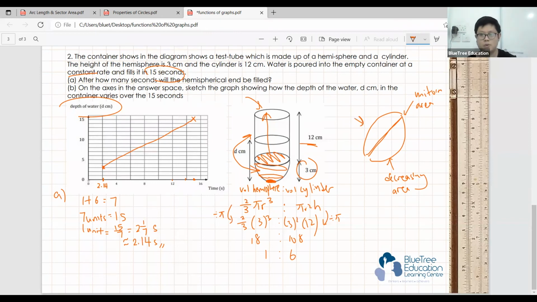And finally, when the area increases, which is the case here, the filling becomes slower, because you need to fill a larger amount of space as you go up, so it takes more time to fill the upper part than the lower part. So make sure this is a curve that has a decreasing gradient this way. And then the rest is a straight line.